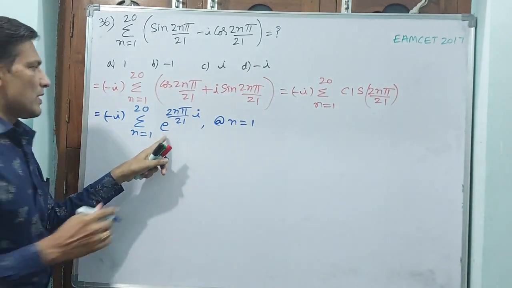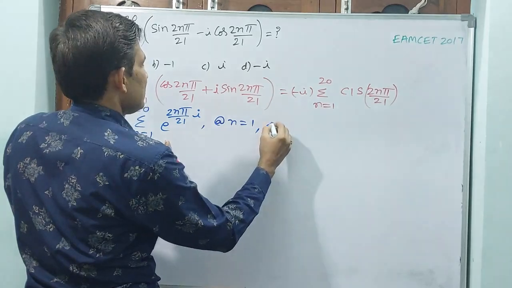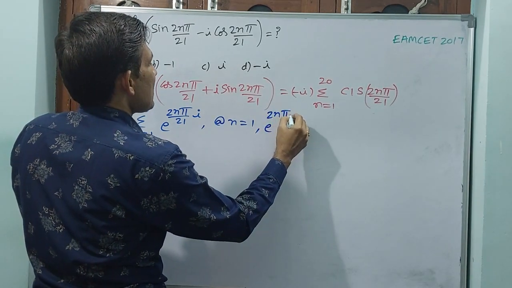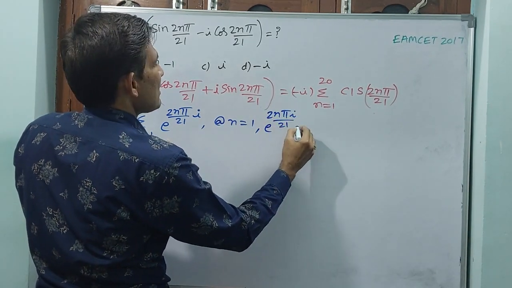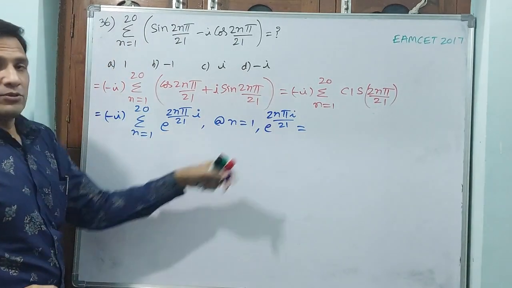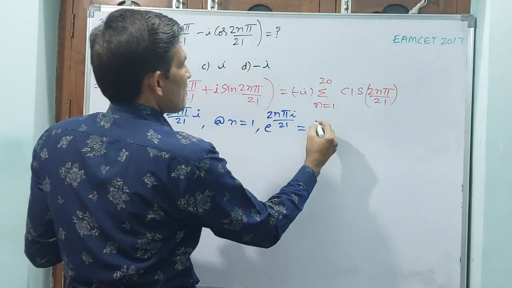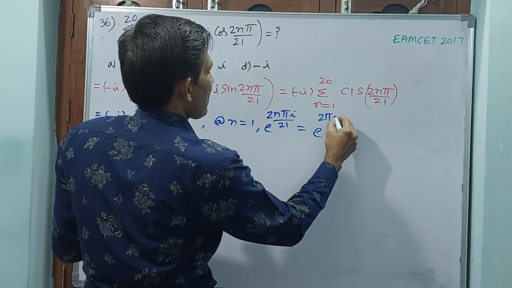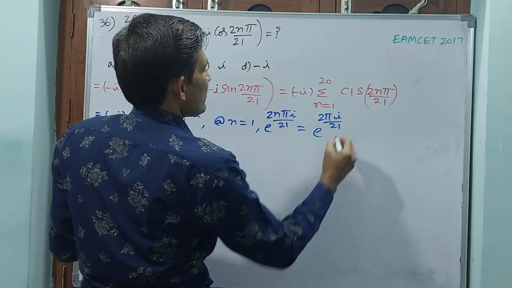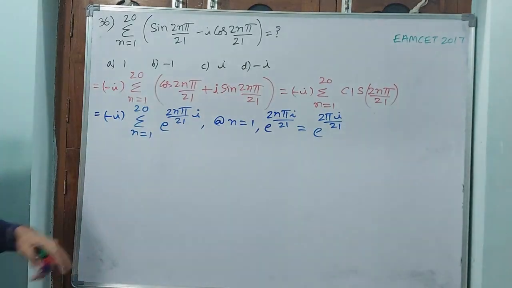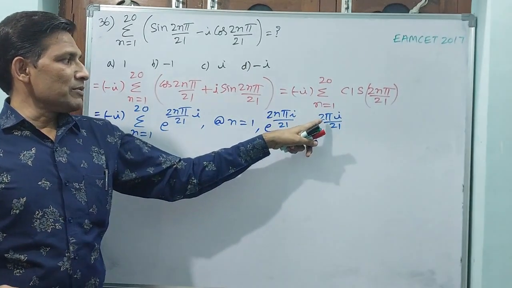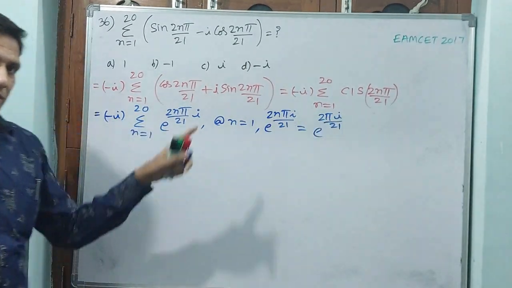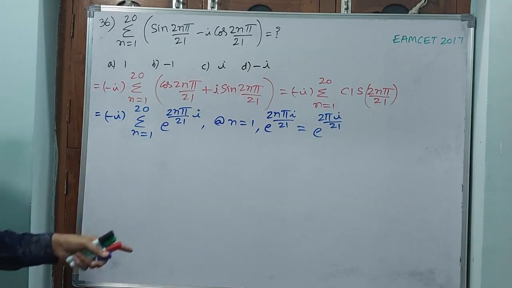At n equal to 1, e power 2nπi/21, n equal to 1 means 2π, e power 2πi/21. In place of n you are keeping 1, that means 2π/21 i.